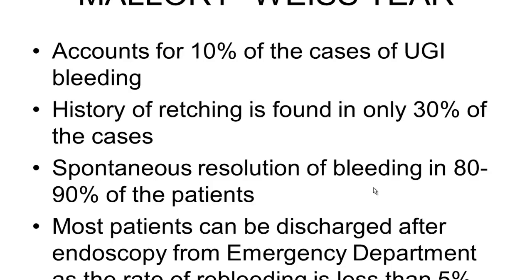In this slide, you can see that the presenter is making certain points about Mallory Weiss tears of the esophagus. And the slide is not too crowded. There are only 4 bullet points, and they make the point that Mallory Weiss tears account for 10% of cases of upper GI bleeding, that there is retching found in only 30% of the cases, and so on.